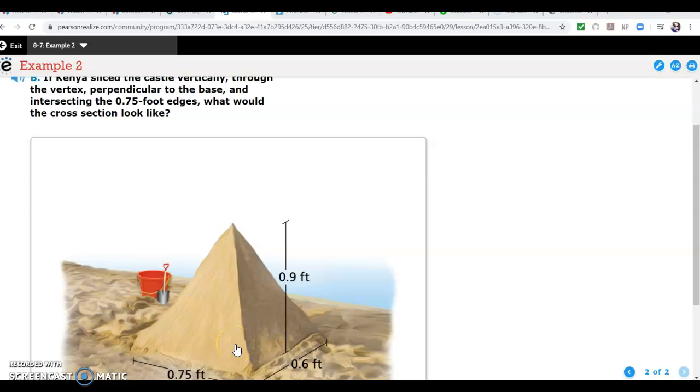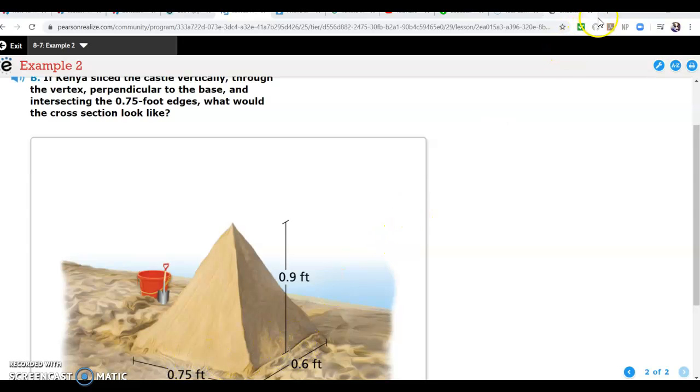We're not going to be at an angle at all. It's almost like you're standing straight up and down and your body hits the ground at a 90-degree angle. So we're going to go straight from here, straight down. And the edges of this slice, like if this was a big knife, we'd be slicing through this 0.75 foot edge, not through this 0.6 foot edge.